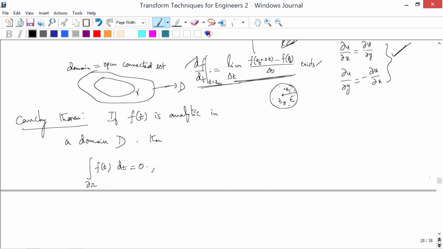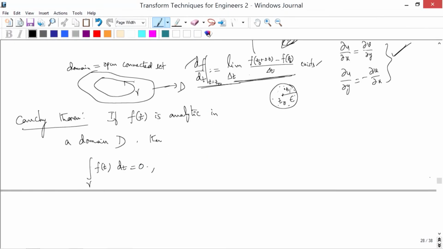Let me call this gamma. Because it is closed, I give it an orientation: it goes in the anti-clockwise direction. Anti-clockwise is the positive orientation; if you go in the clockwise direction, that is negative orientation.